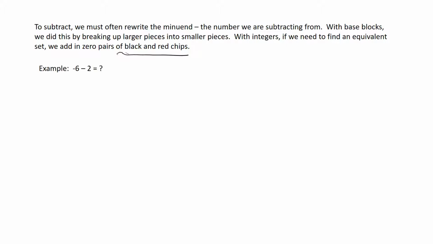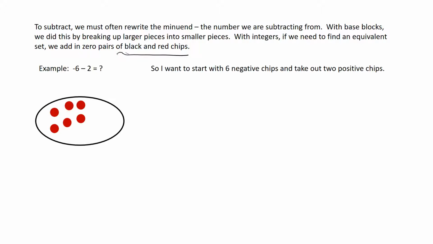So here's an example. Negative 6 minus 2. Let's see what that's equal to. I want to start out with negative 6 represented by 6 red chips. But I want to pull out 2 black chips. I want to subtract 2 black chips from that.